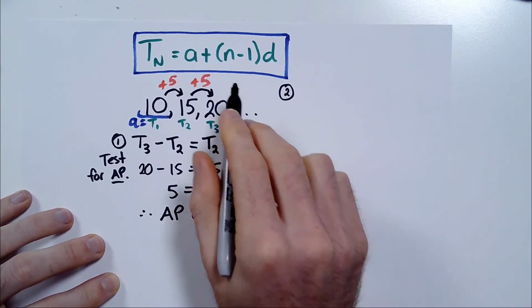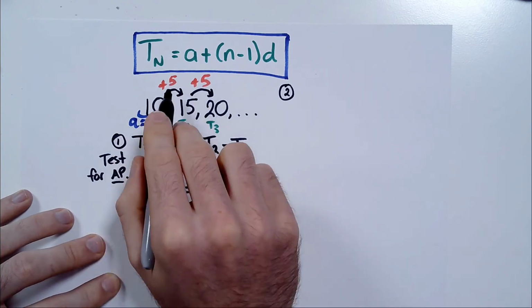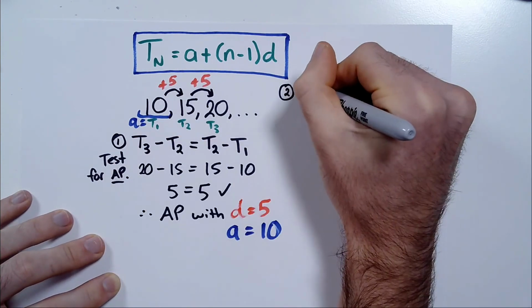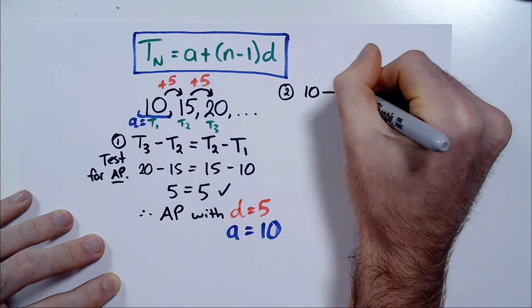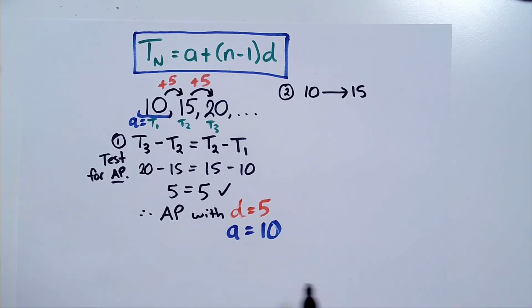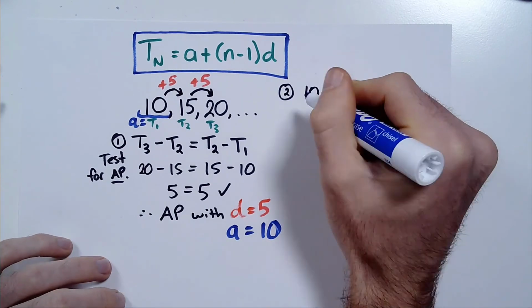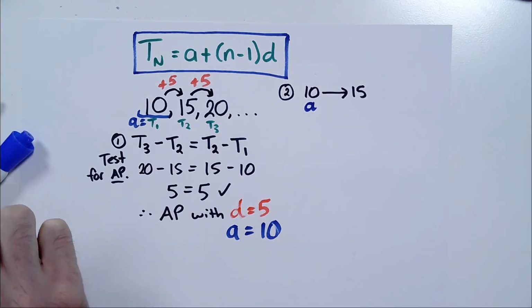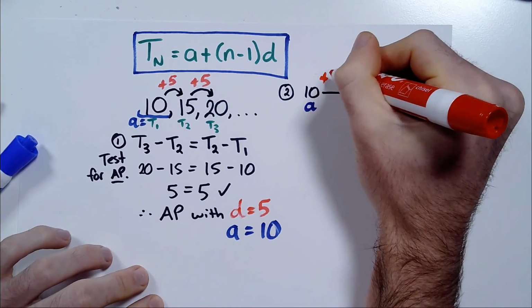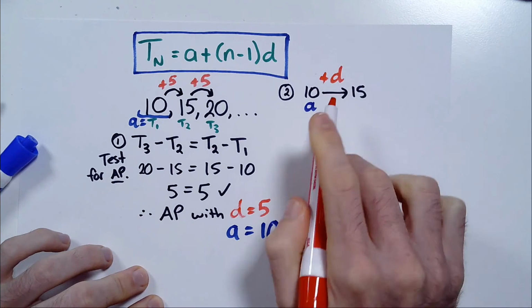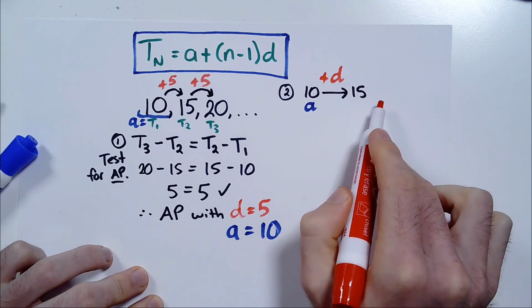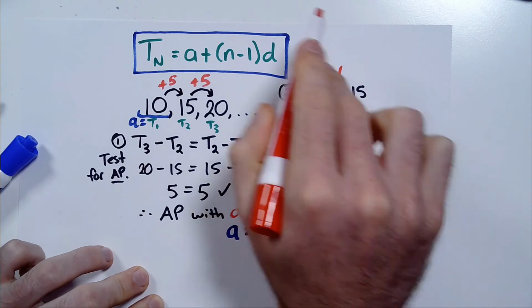Now we're going to look at where the formula comes from. Let's have a look at these numbers here in this example, 10, 15, 20. How do we get from 10 to 15? Remember, we have 10, which is our first term. This is important. This is our A. That's our starting point. How do we get to 15? Well, we plus by the difference. Now, notice I'm not writing plus 5, even though in this example it is plus 5, because we're trying to come up with a general formula.